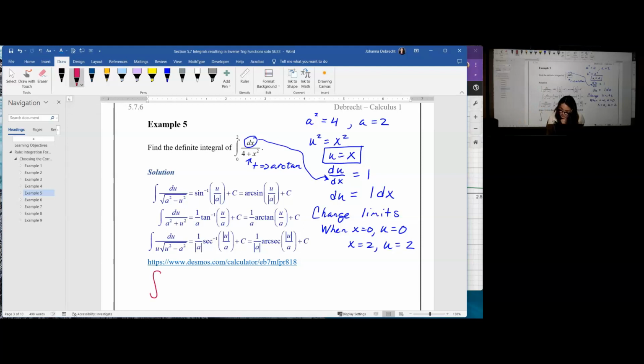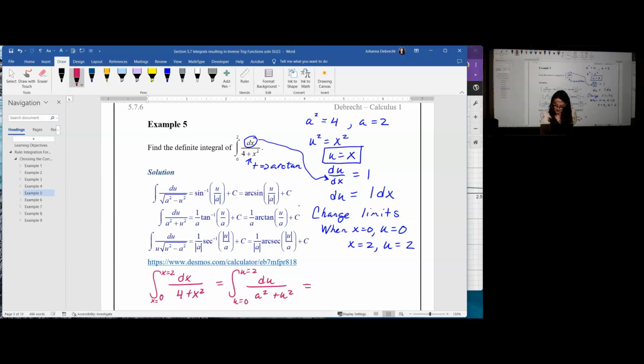When I write this one and I convert, I'm going to write x equals to emphasize that the original is with respect to x. And when I substitute the values, I'm substituting u equals 0 to u equals 2, and it becomes du over a squared plus u squared.